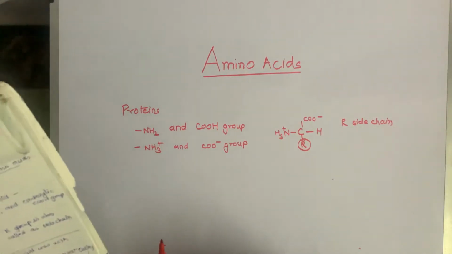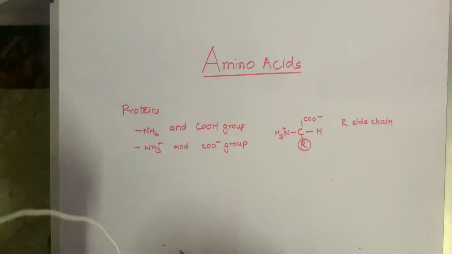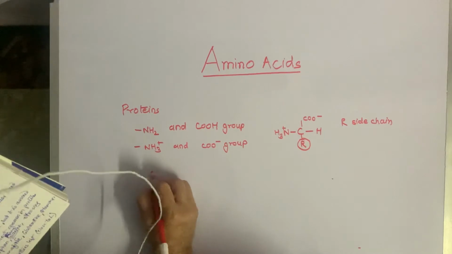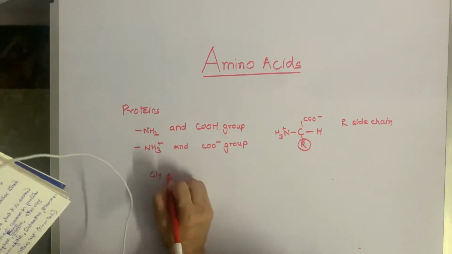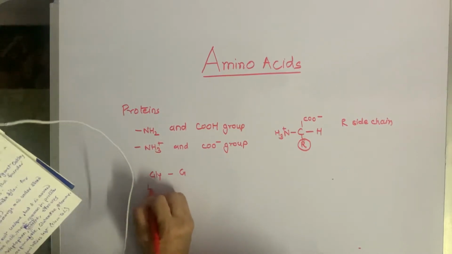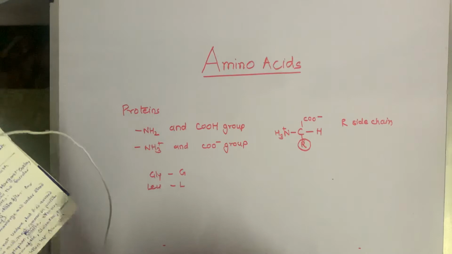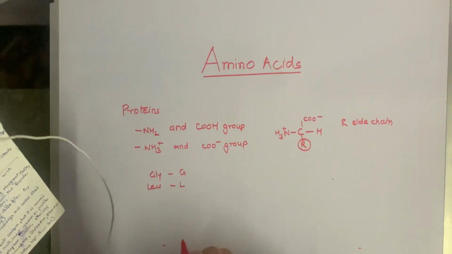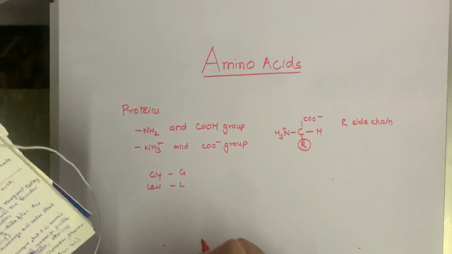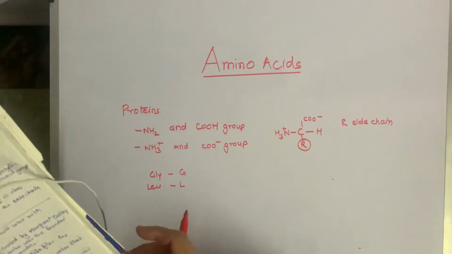Earlier, the short form of an amino acid was a 3-letter word, like glycine, we write G, leucine, we write L, and so on. But this way all 20 amino acids would have three letters, so it becomes too lengthy for compiling the data.